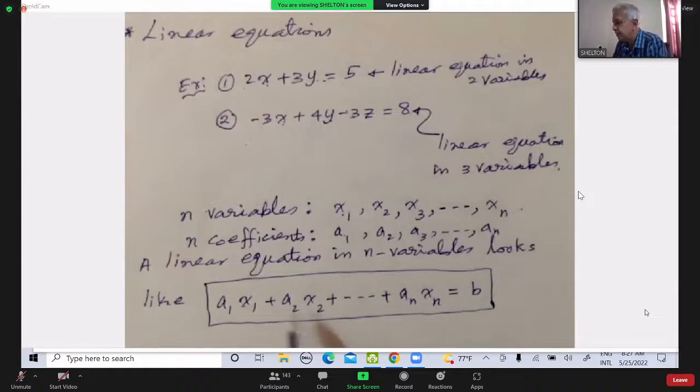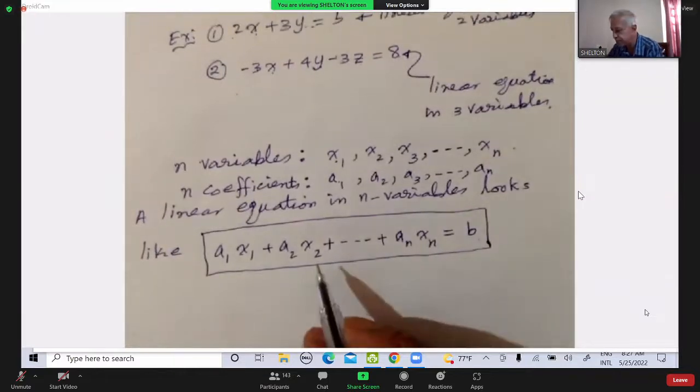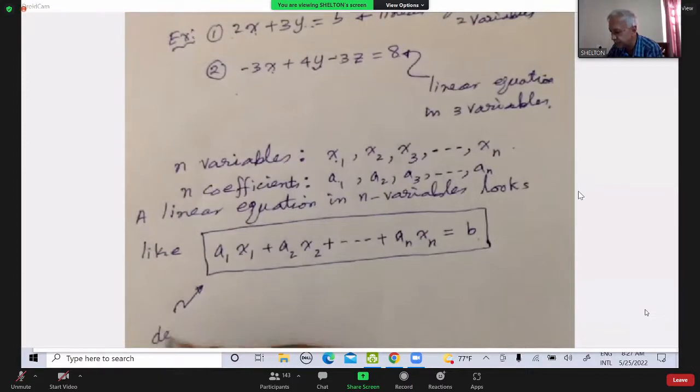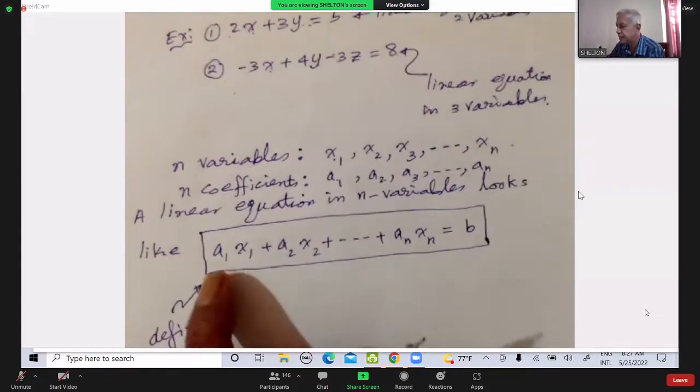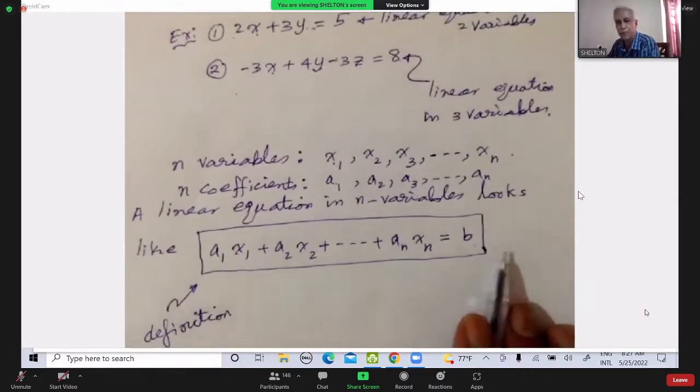So let us now give again examples of linear equations. Now you have a definition. This is the definition of a linear equation. To check whether something is a linear equation, we have to check whether the given equation is of this form.